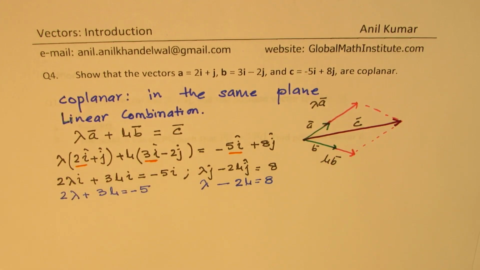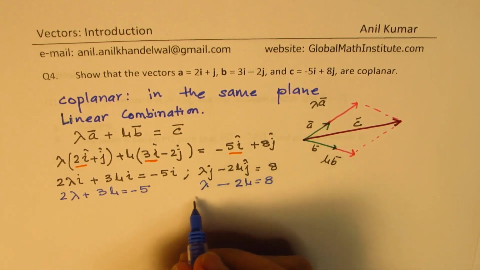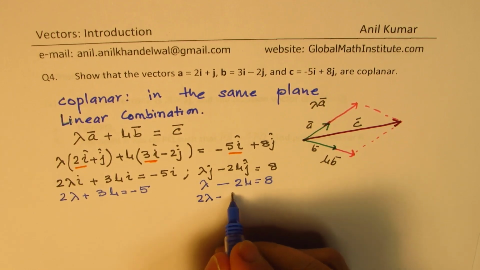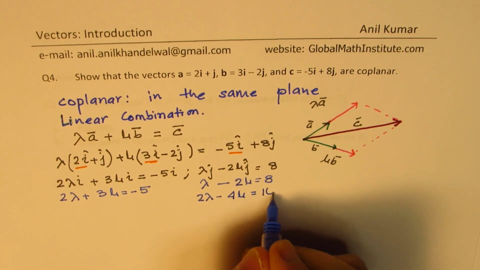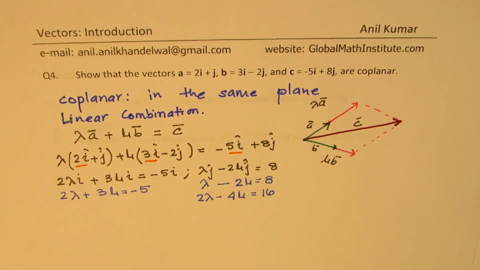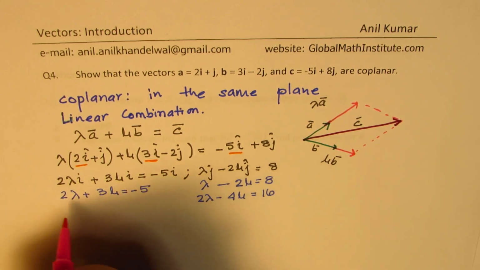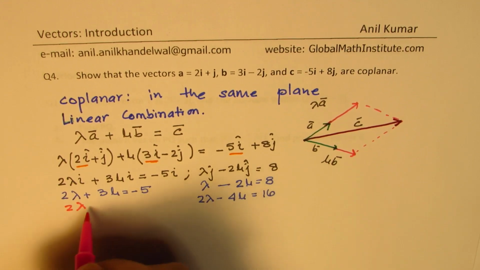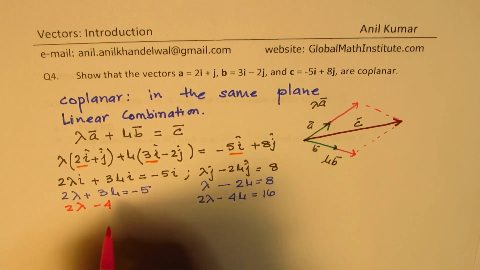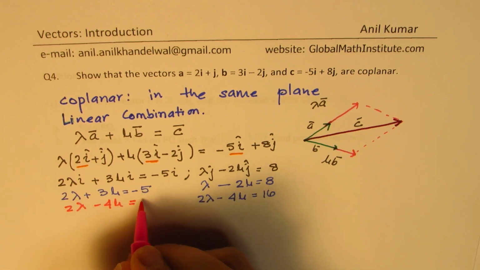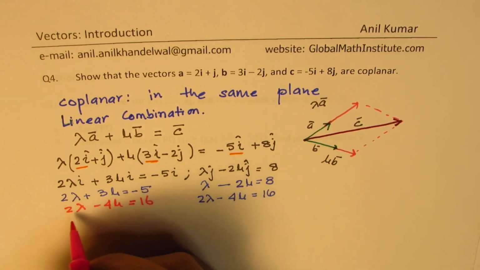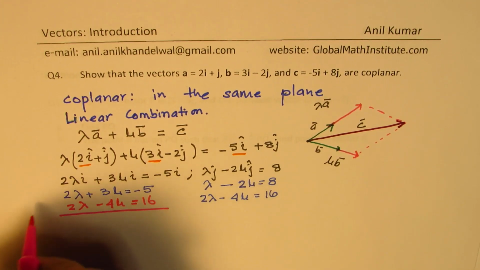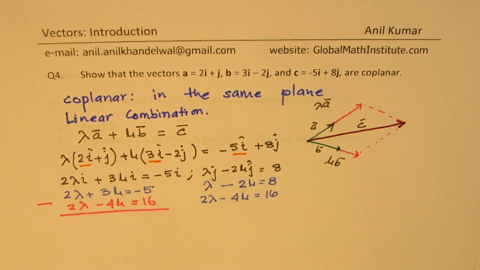Now we could use elimination or substitution to find the answer. Let me multiply this by 2. So we get 2 lambda minus 4 mu equals 16, right? Now to get mu, we will take away one equation from the other, right? So we have 2 lambda minus 4 mu equals 16. If I just subtract one from the other, what do you get?